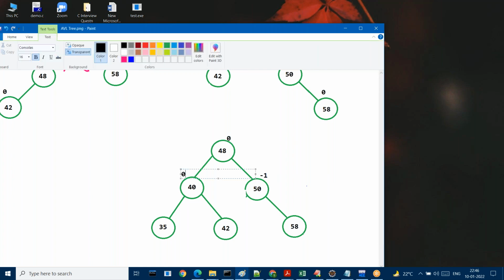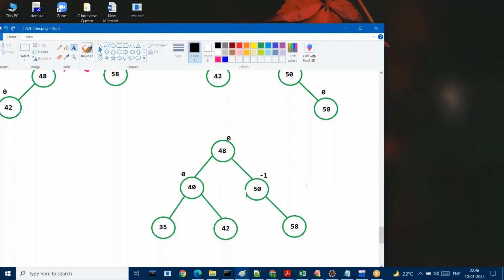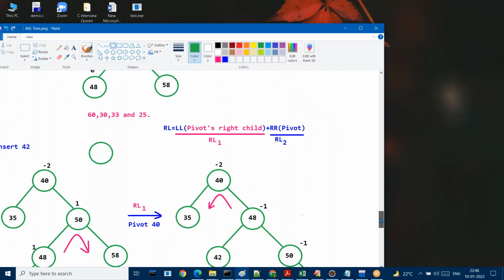You want to write leaf nodes, you can write, no problem. But it is balanced, sir. It is definitely balanced, sir. Any issue? So up to this we completed, sir.